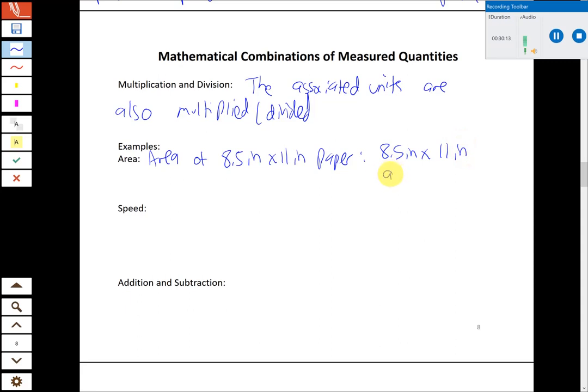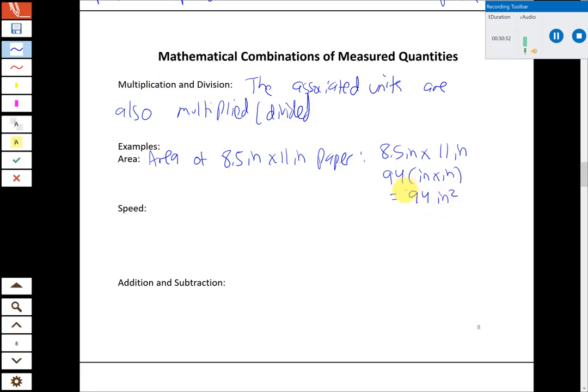Numerically, that comes out to 94 with two significant figures in both of them, so we'll keep this as 94. But then for the units, we have inches on each of them, so we're going to multiply inches times inches, and then we would write this measured quantity as 94 square inches, or inches squared, okay?